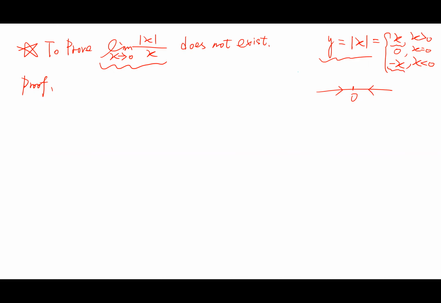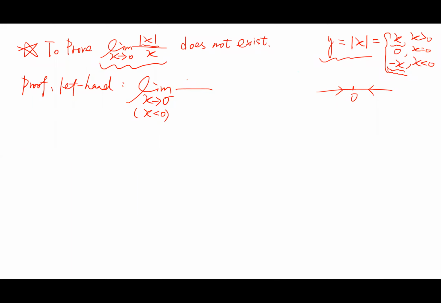Okay. So we first consider the left hand. Here we consider x approaches 0 from the left. That means x is smaller than 0, right? When x is smaller than 0, we know absolute value of x equals minus x.